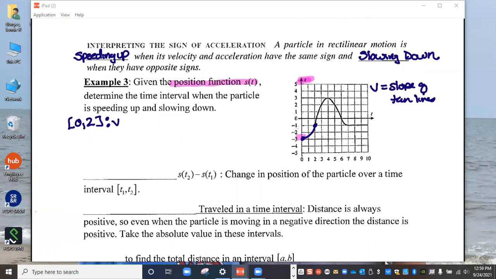Positive. So I know that v is greater than 0. Remember, for acceleration, I'm looking at concavity. So what's happening from 0 to 2? Is that graph concave up or concave down? So that means that my acceleration is going to be greater than 0. So since velocity is positive, acceleration is positive, tell me what's happening with the speed. Is it increasing or decreasing? Increasing. So I know this object is going to be speeding up.